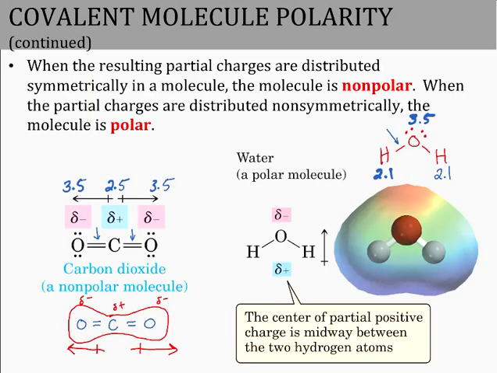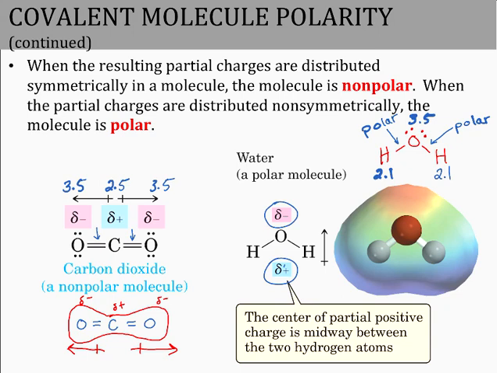And then on the right, we have the same difference, 3.5 minus 2.1, so that's 1.4. So both of those bonds are polar bonds, and electrons are moving up towards oxygen. So down here you can see we have a partial negative side of the molecule, which is towards oxygen, and then a partial positive charge down by the hydrogens.